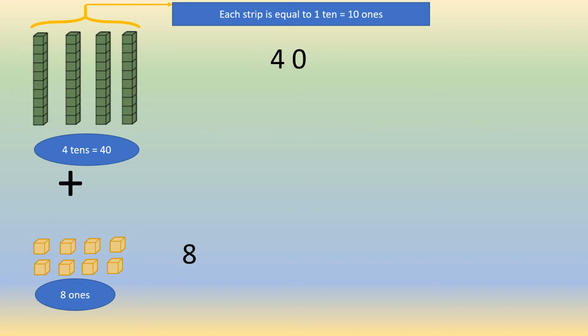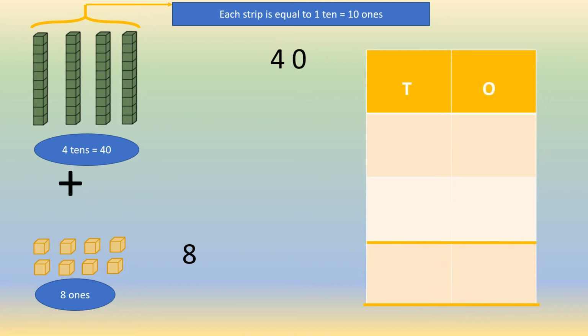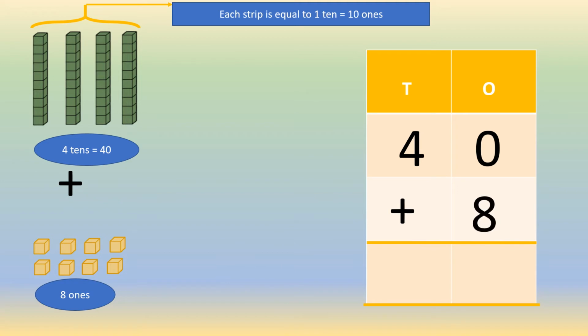So the sign for addition is a plus sign. Now to add these two numbers, we are going to write these two numbers in this table, one below the other. We are going to arrange them vertically. Put a plus sign. 40 will write on top. 0 will come in the ones column and 4 will come in the tens column. And 8 will go in which column, children? Yes, in the ones column just below 0.